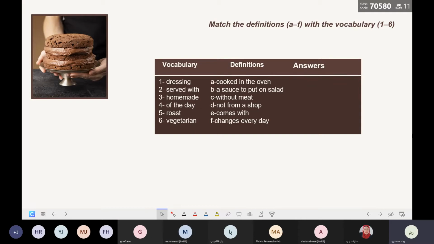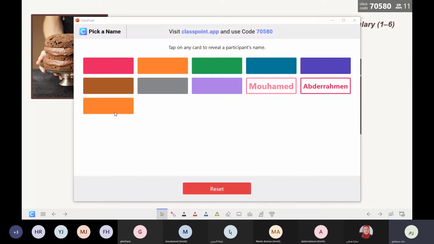How do you cook it? Yes, it means cook it in the oven. If I say roast, it means cook it in the oven. Thank you. Okay, I move to someone else.